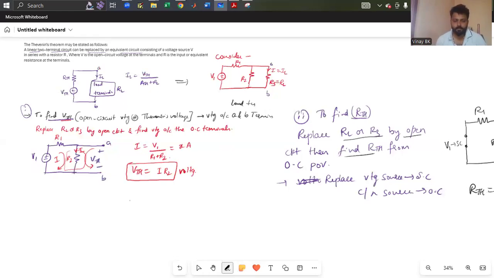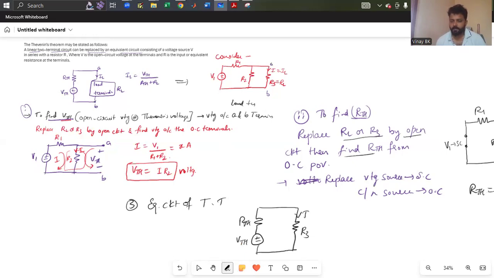So now the third step is to draw the equivalent circuit of Thevenin's theorem. That's nothing but VTH in series with RTH across the load resistor. So what is the load resistor for this circuit? That is R3.